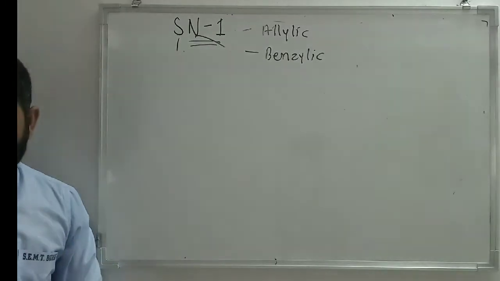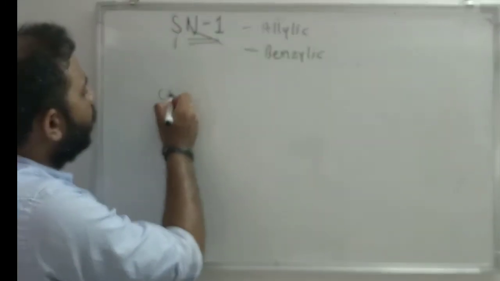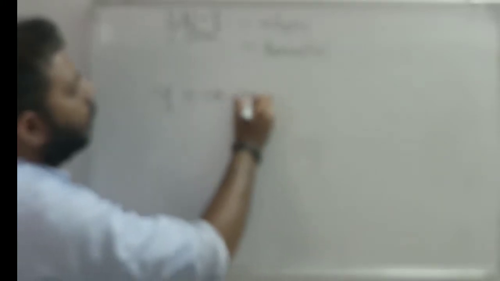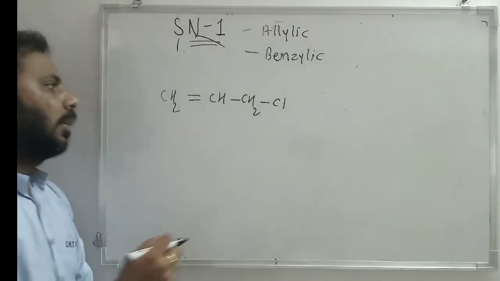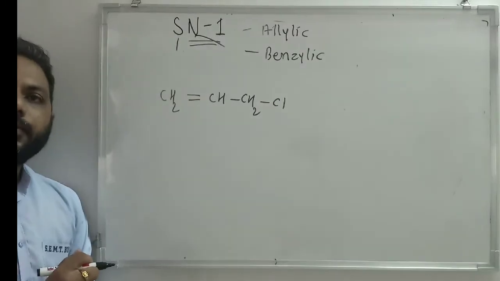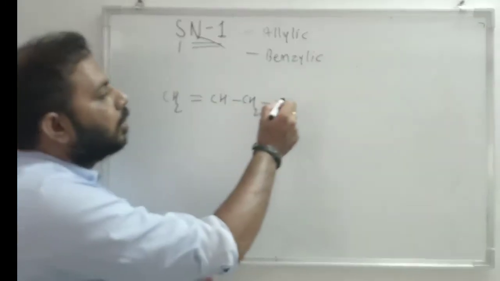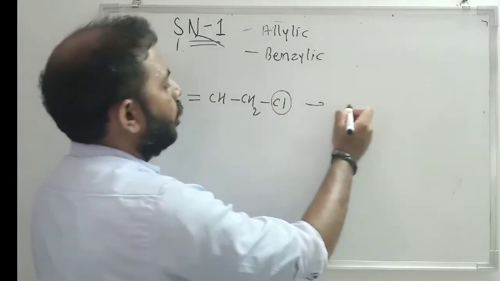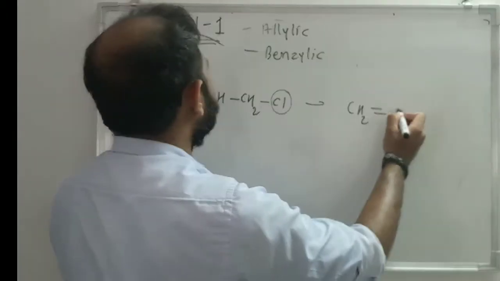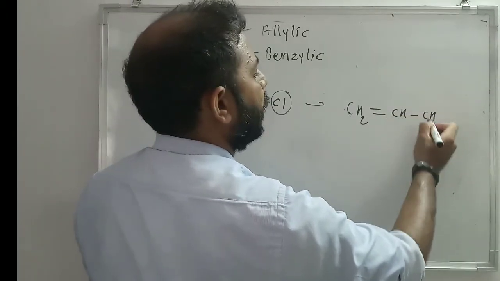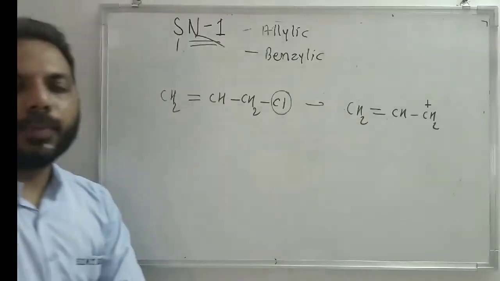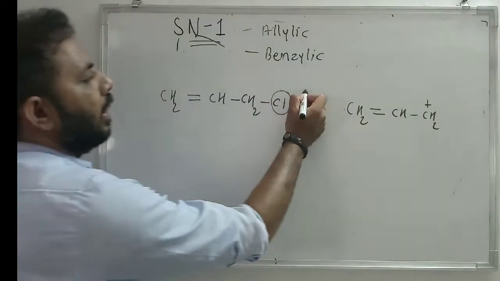In case of allylic, here CH2 double bond CH, CH2Cl. This is an allylic haloalkane. Now halogen will be released, so we'll get CH2 double bond CH, CH2 plus. Carbocation will be formed in SN1 reaction.